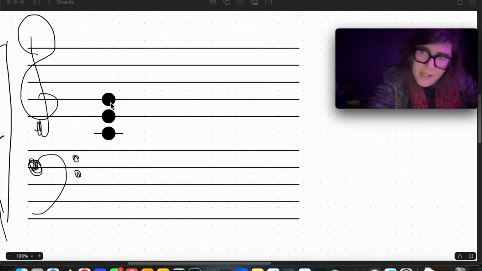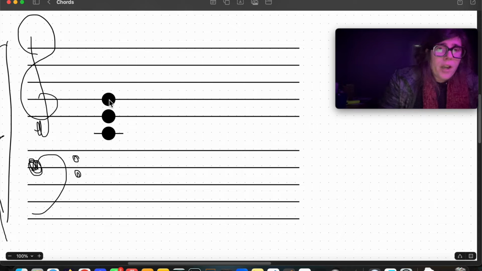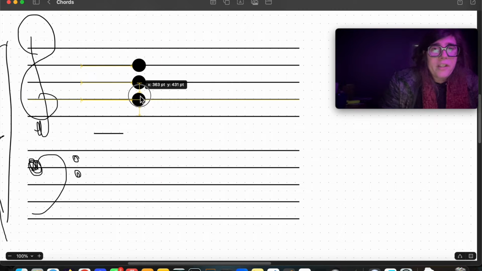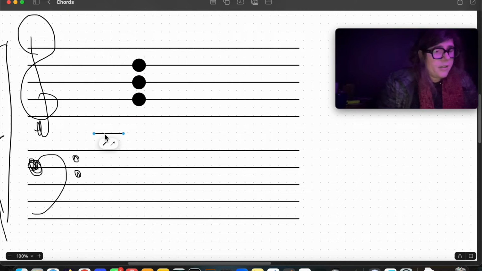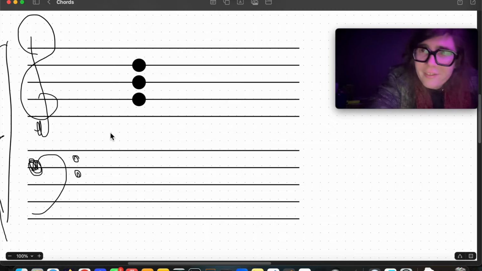This idea of stacking intervals in thirds is the basis of chords in the Western classical music tradition, and even continues today. And so basically, we could imagine if I move some of these notes around, the question you want to ask yourself as we're getting started is, do I have thirds?